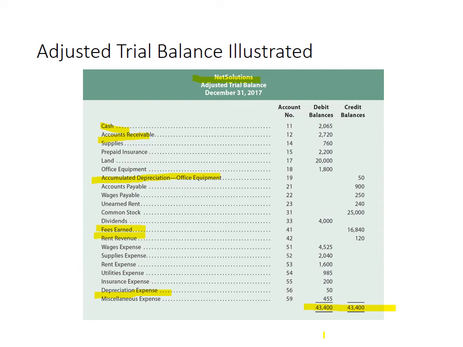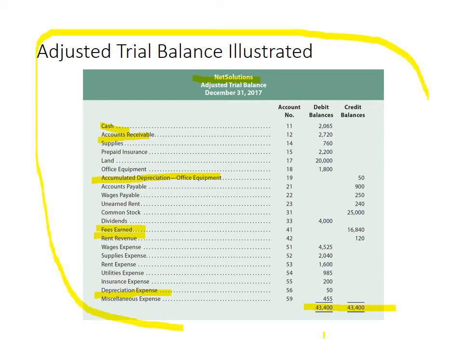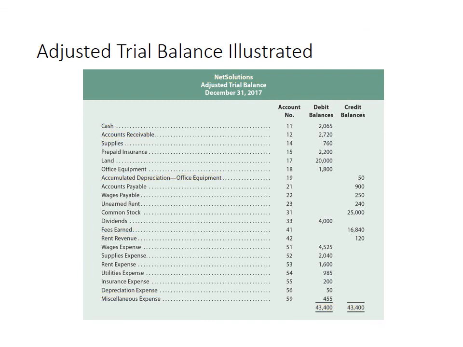And hopefully some of you are stopping and taking a full picture and thinking, this is bookkeeping. This is what it looks like. From this adjusted trial balance, I can prepare an income statement, a balance sheet, a statement of retained earnings, and I can have financial statements to give to the users.